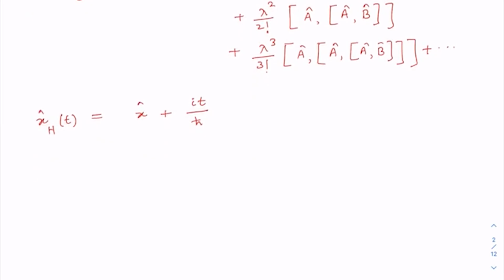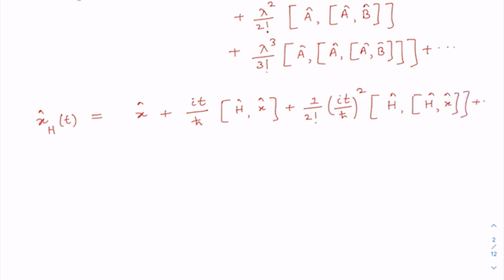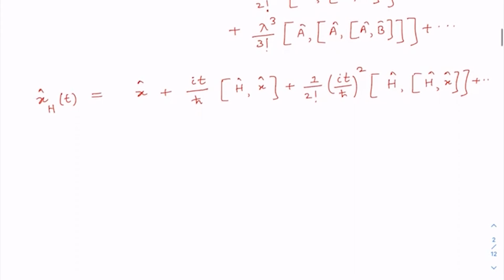So that's what I have here, and this is the commutation between H and x. Then the second term would be 1 by 2 factorial, which is simply half, i t by h cross, that is your lambda square, and here you will have a term like H commutation with the commutator of H and x, and so on. So let us first of all work out this term and then this term and so on.